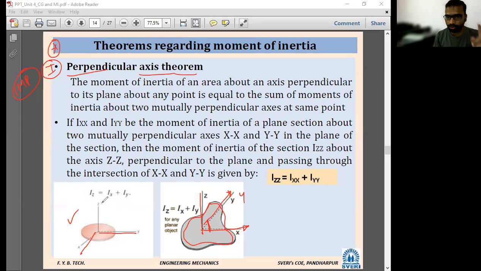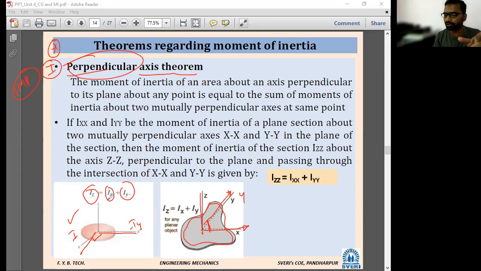If you have Ix and you know Iy, I want to determine Iz. Iz is the moment of inertia perpendicular to the elemental area or plane area. It is the summation of moments of inertia of two axes that are perpendicular to each other. This x and y are perpendicular to each other. The addition of these two will be your perpendicular axis theorem.